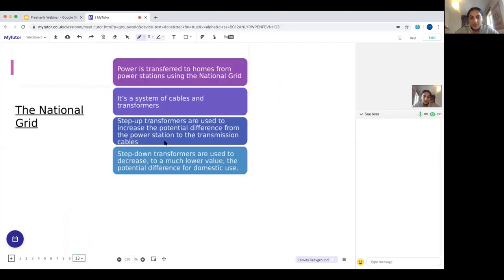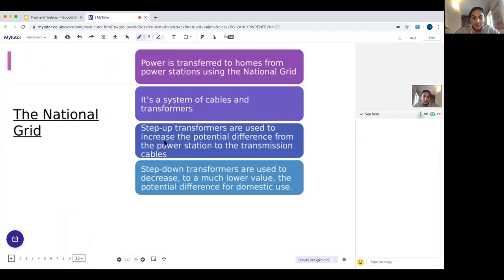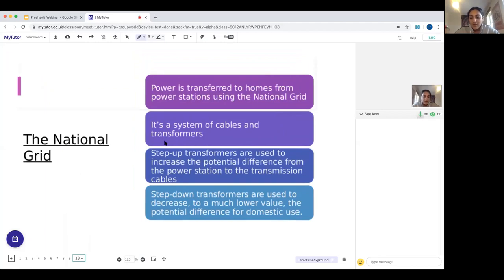Okay, and then we went on to talk about the national grid. Power is transferred to homes from power stations using the national grid. It's a system of cables and transformers that combine together to make power be able to go to our homes.